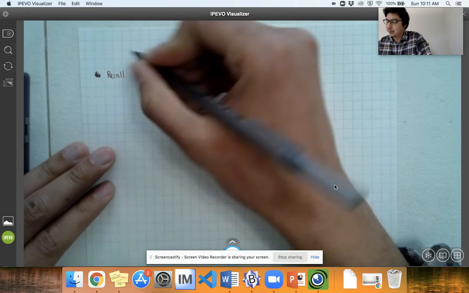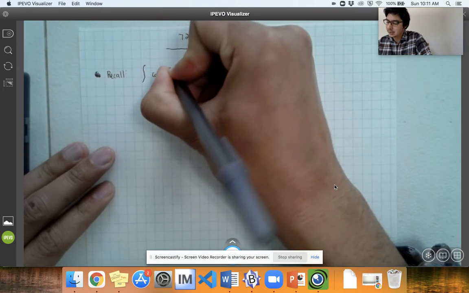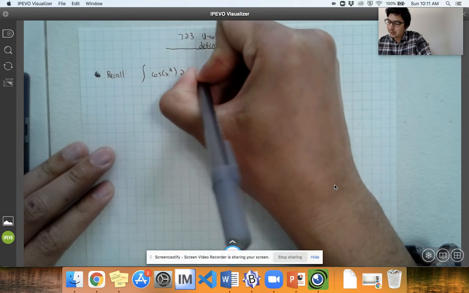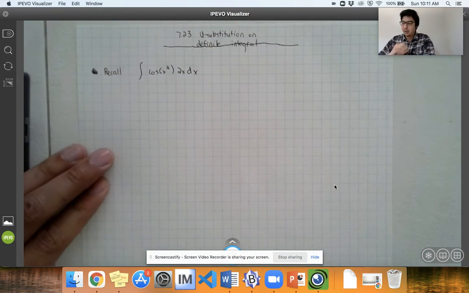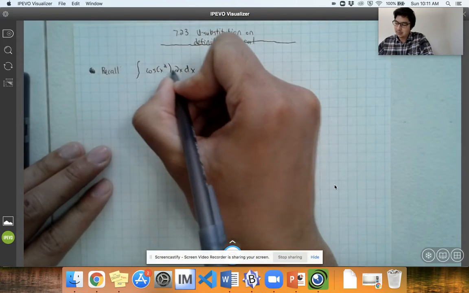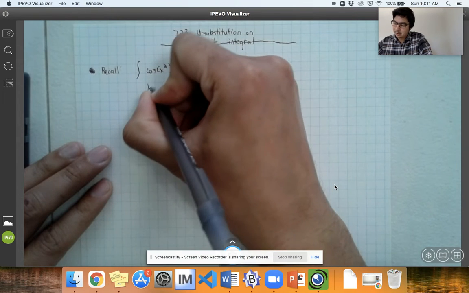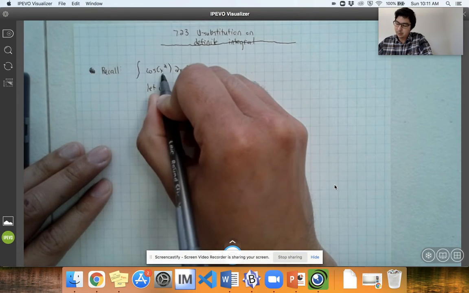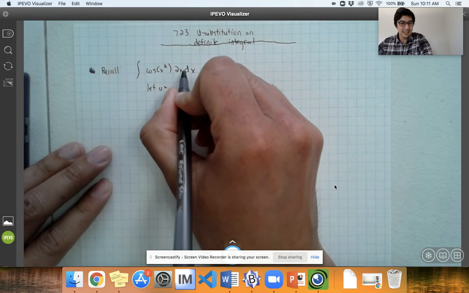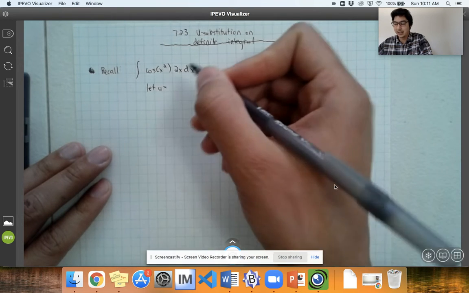We might have an integral, and we have looked at this example, cosine of x squared times 2x dx. Last video, we found the part in the integral where the derivative is within there, because then when we take the derivative, we account for that.